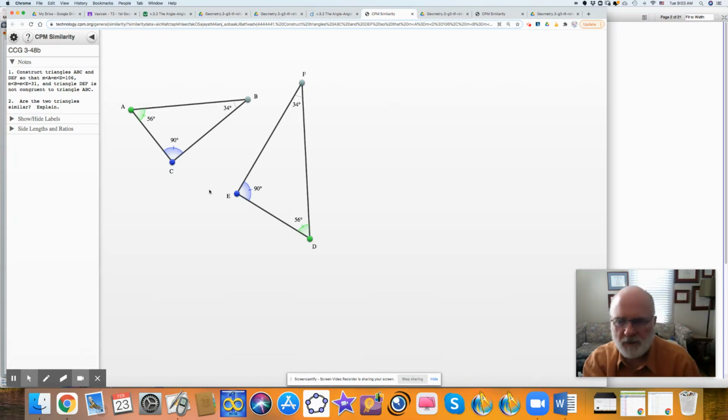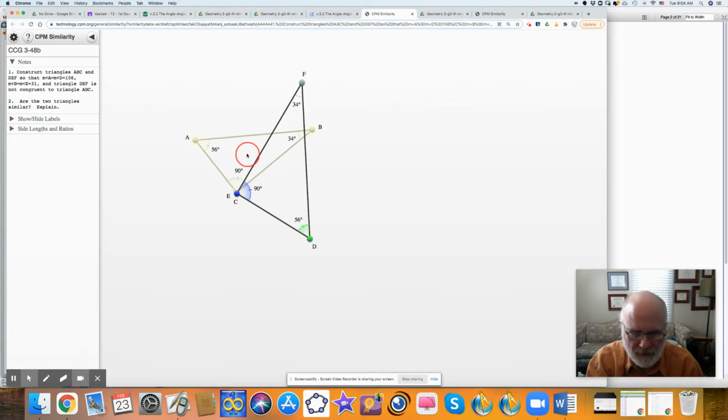Is there a set of rigid motion transformations and a dilation, which is not rigid, that will map the one triangle onto the other? To try that, you can click on the triangle and drag it, and we can also rotate it. I want to reflect it across the line that goes through this point and this one.